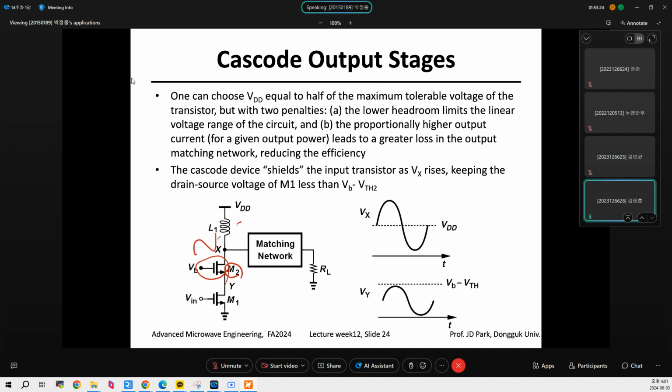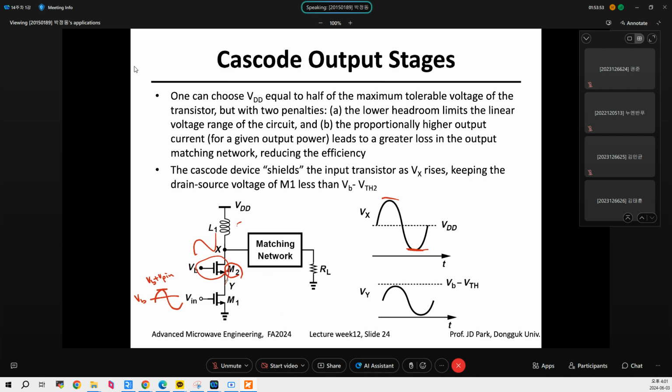The better thing is the swing is quite limited. For example, let's say this swing is V in, V bias, and this is V bias plus V peak in.